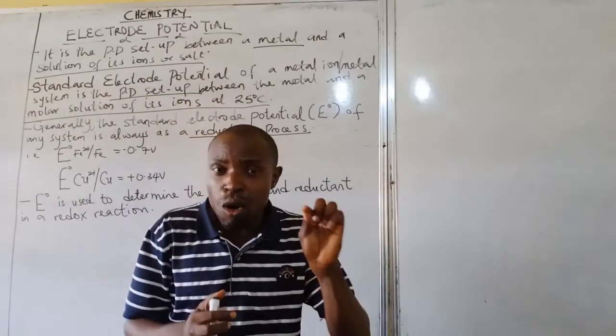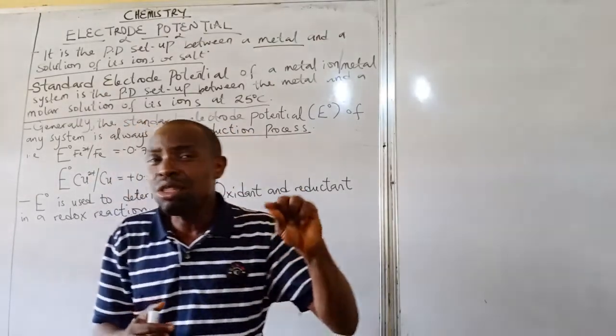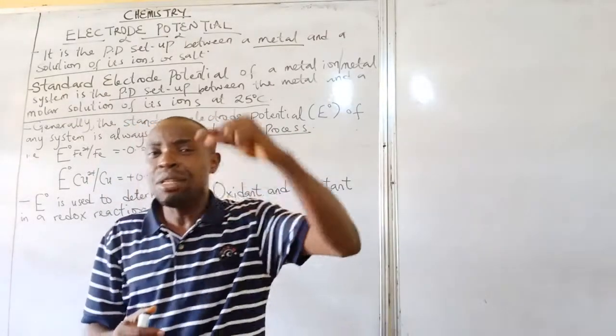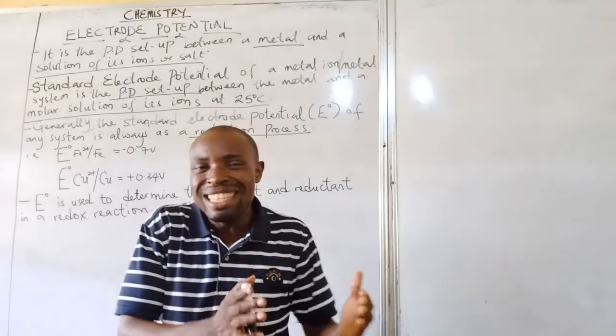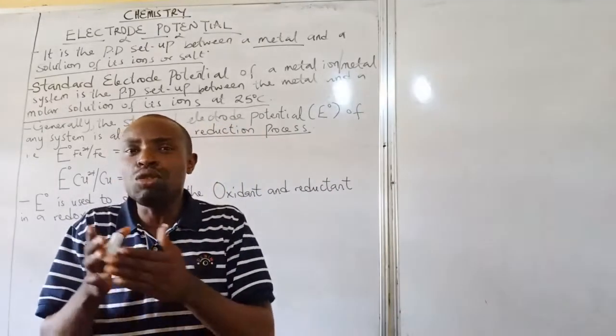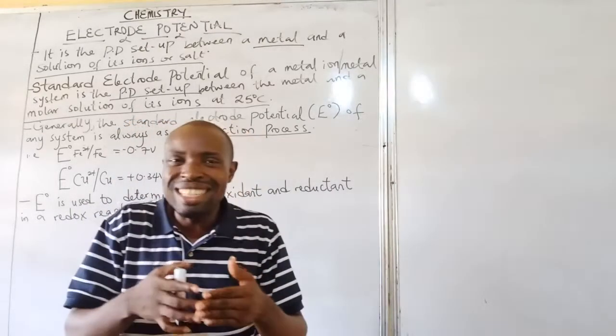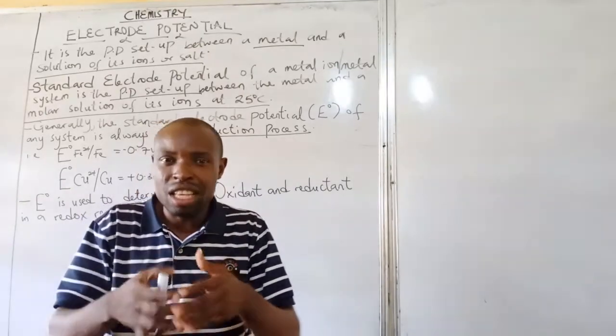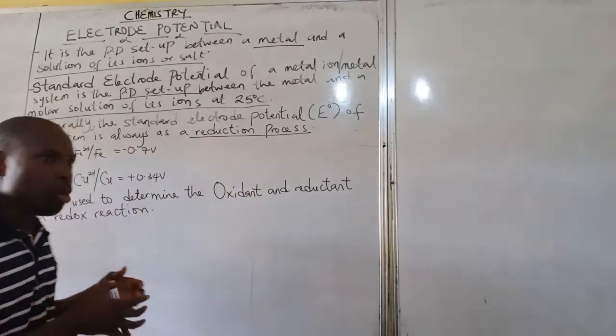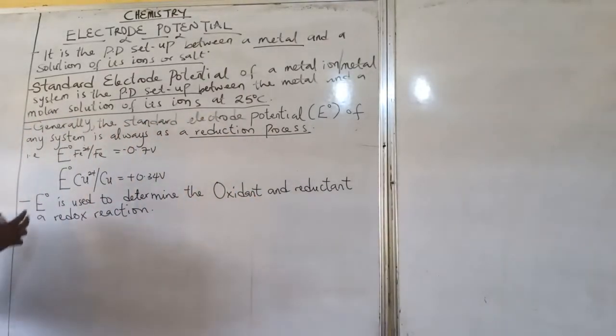Don't forget that in terms of oxidation number, oxidation is an increase in oxidation number, while reduction is a decrease in the oxidation number.